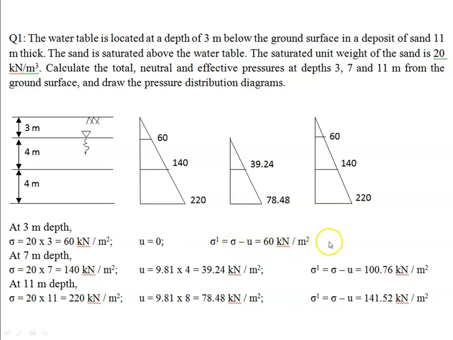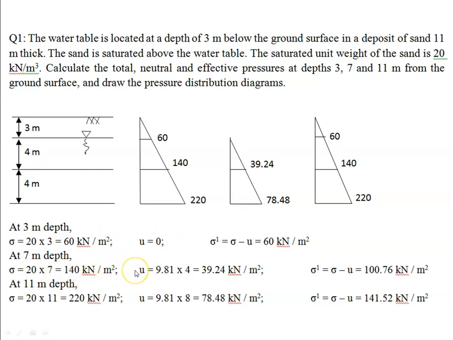Then at 7 meter depth, total stress is nothing but unit weight of soil multiplied by depth of soil above this level. Above this level, the total depth is 7 meter. So we multiply 7 with the unit weight of soil, that is 20, so that we can calculate total stress.